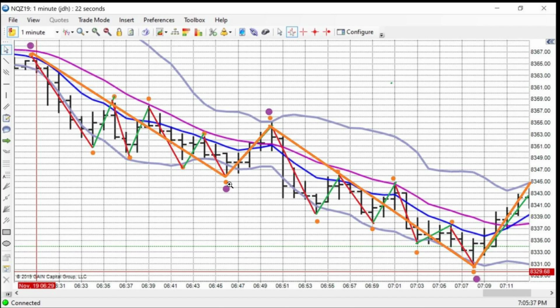And that's a lot of knowledge going into trading, where you're just stacking the odds in your favor, and that's all it's really about.